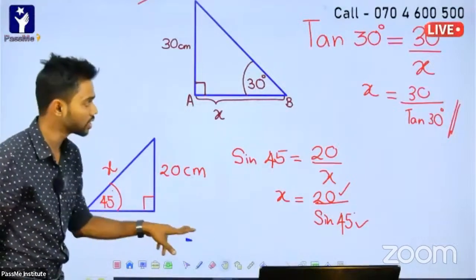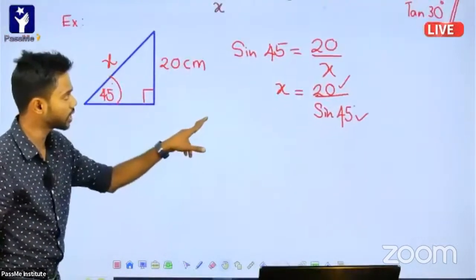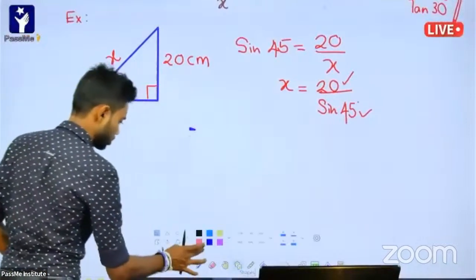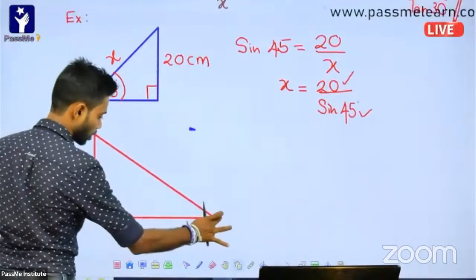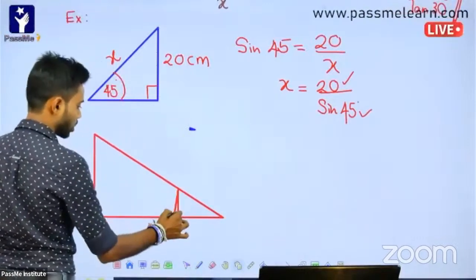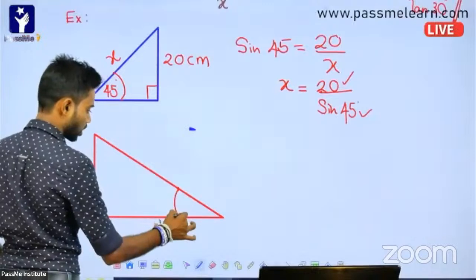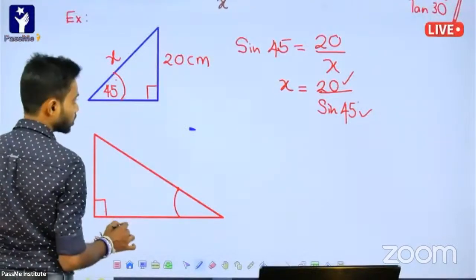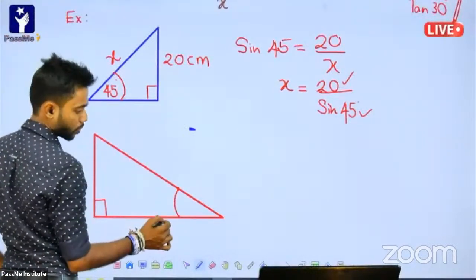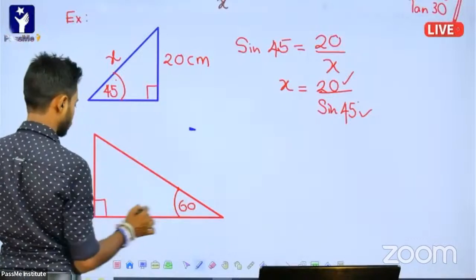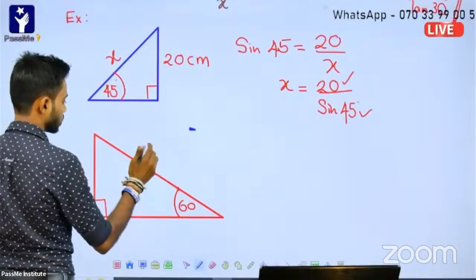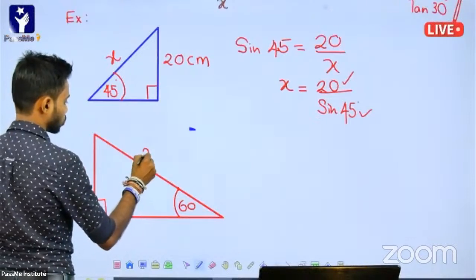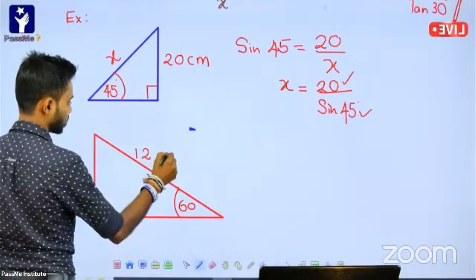Not only that, so we go to the third one, right? Another one, like this. So let's take this one. This one has 60, and this one has x, and here 12 centimeter.